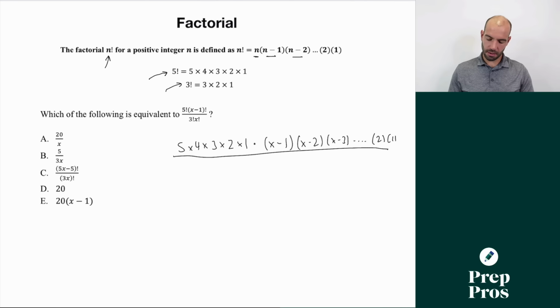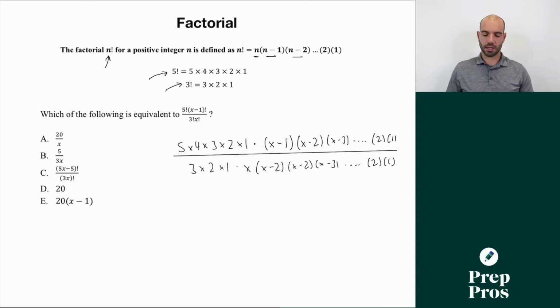This is all divided by 3 factorial, which is 3 times 2 times 1, and x factorial, which is x times x minus 1 times x minus 2 times x minus 3, all the way down to 2 times 1.